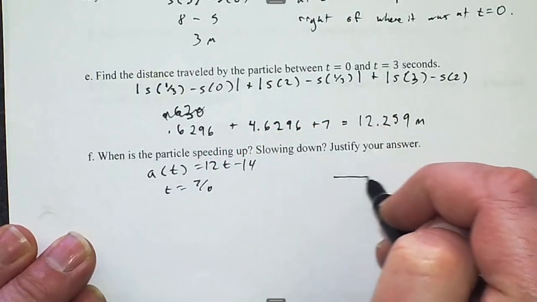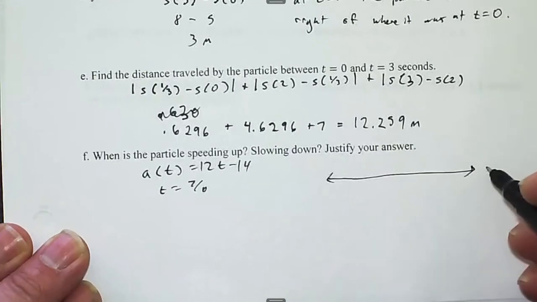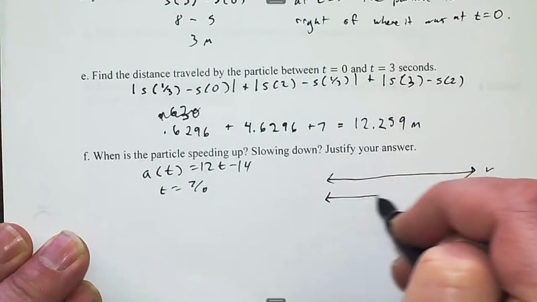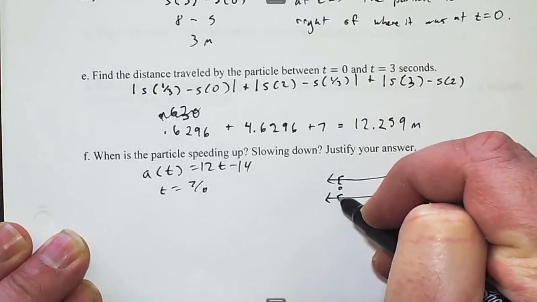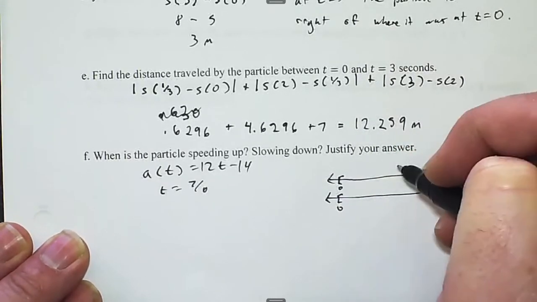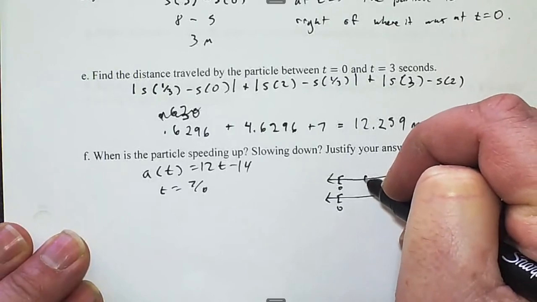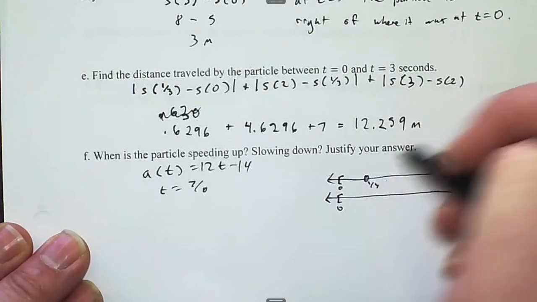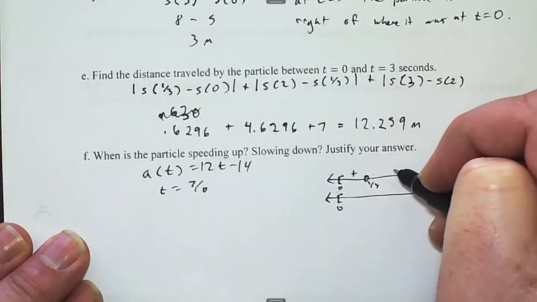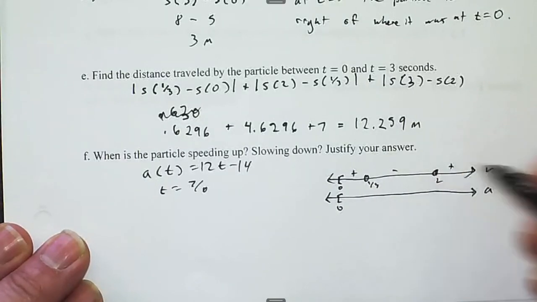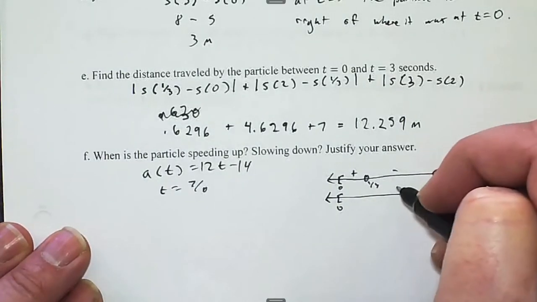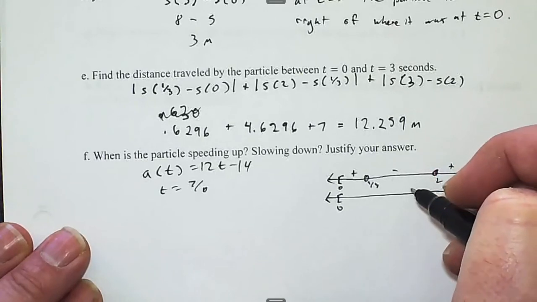And then what we're going to do is we're going to draw our velocity timeline. And right below it, our acceleration timeline. And I'll label where these things change. So at 1/3, velocity was positive, but then it switched to negative until 2, and then it switched back to positive.